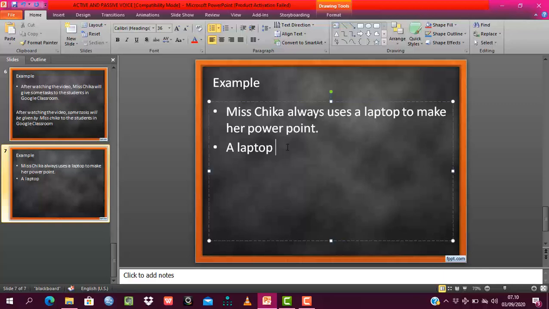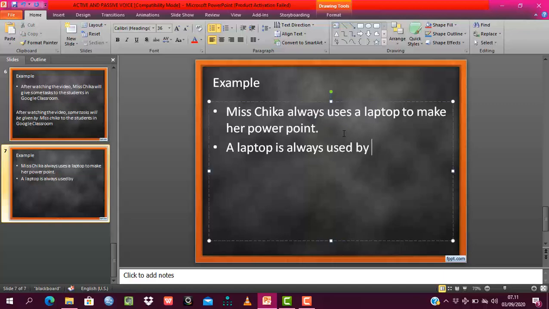In simple present tense, there are is, am, are. A laptop is singular, so you must put is. And after that, always, an adverb of quantity. Next, used, plus d.